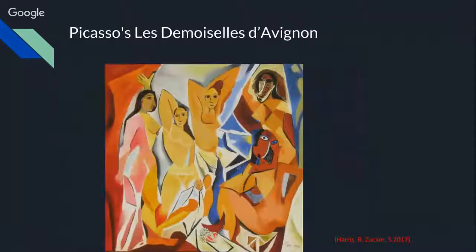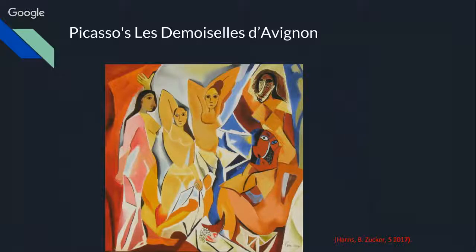So the next one is Picasso's Les Demoiselles d'Avignon. And so this painting was created in 1907, and this was created by Picasso himself. So let's get into it. So Les Demoiselles d'Avignon means young ladies of Avignon.